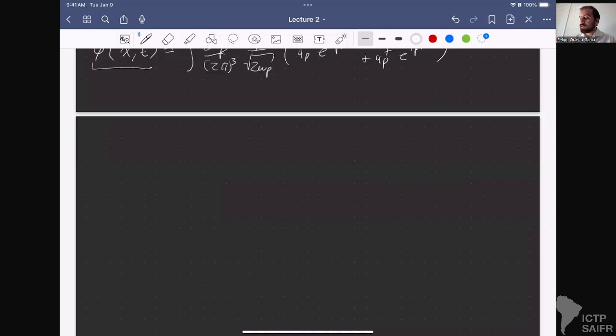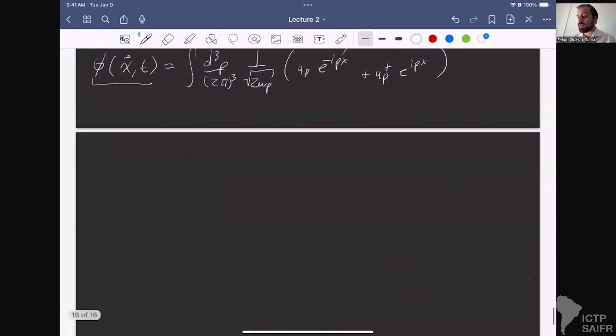Okay, so let's calculate some matrix elements of this time evolving operator. And the easiest matrix element is the vacuum expectation value of our field.